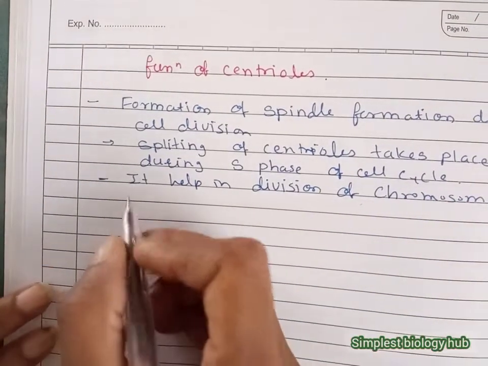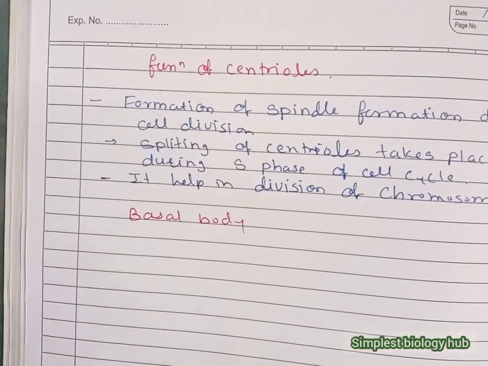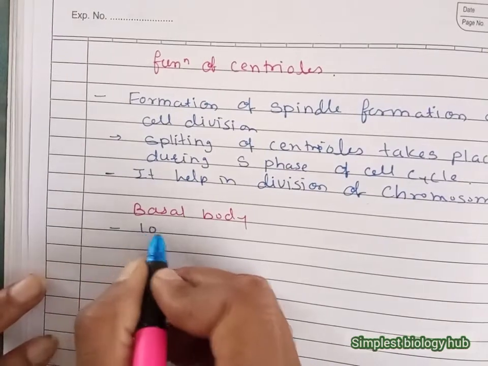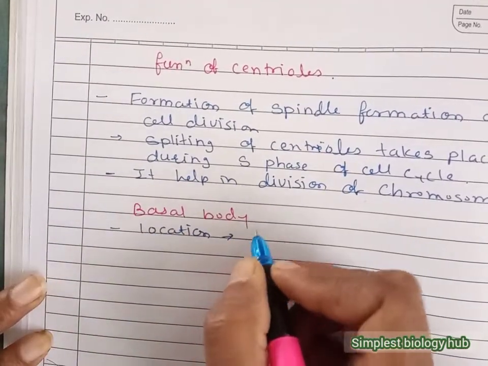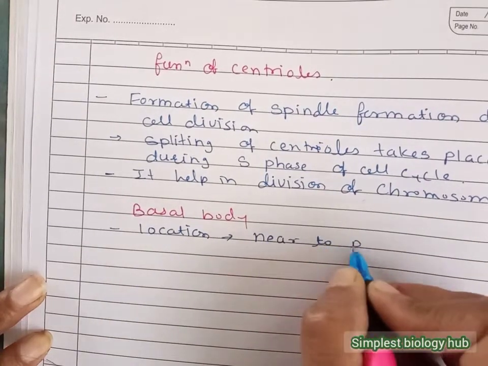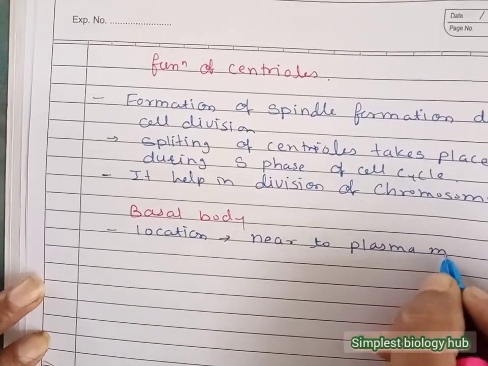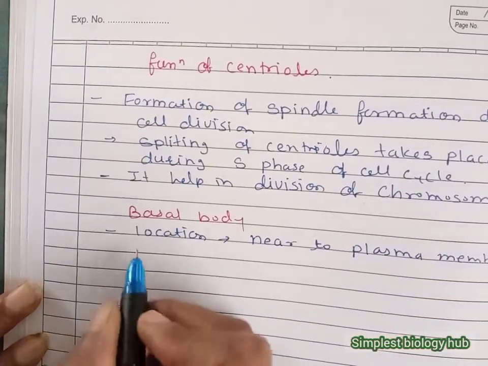Now next we talk about the basal body. Basal body, we call the location of them. Centrioles are located near to the nuclear membrane, and basal body is located near to the plasma membrane. We called it inside the plasma membrane because it is the extension of the plasma membrane.